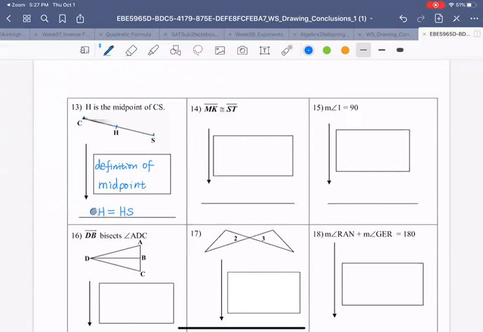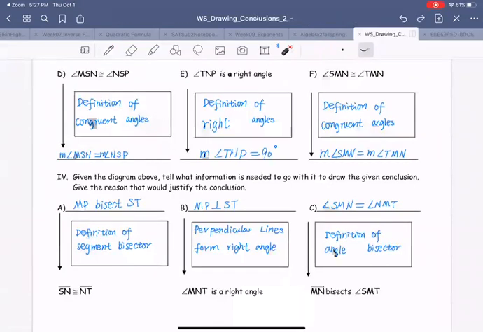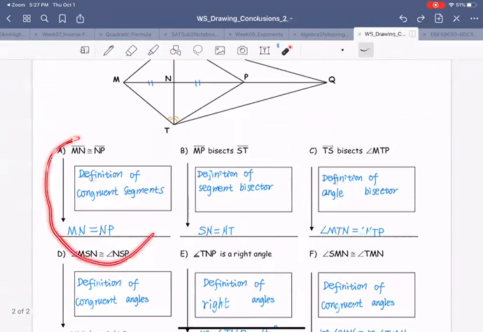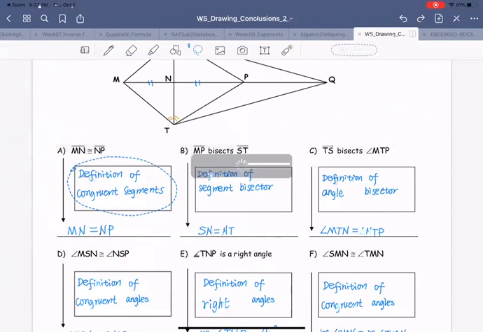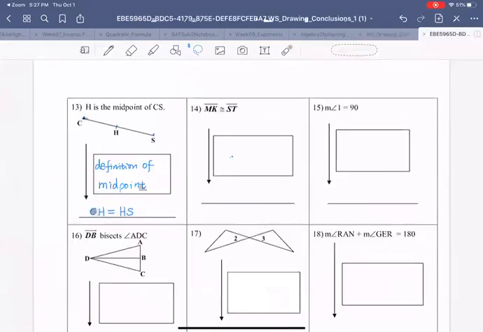Okay, number 14: MK equals ST. Remember, this is similar to what we did over here. So I'm going to steal this one. Definition of congruent segments. MK equals ST, basically.